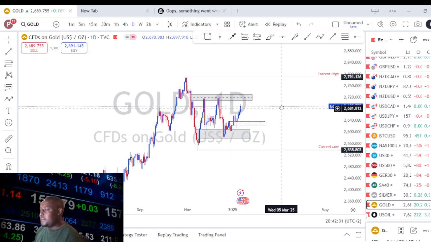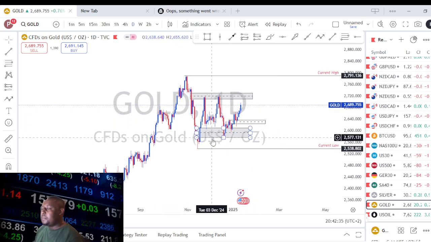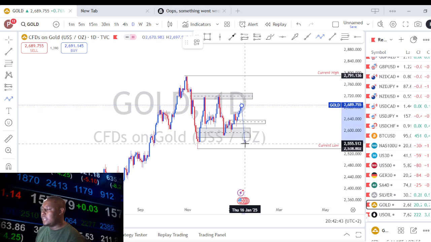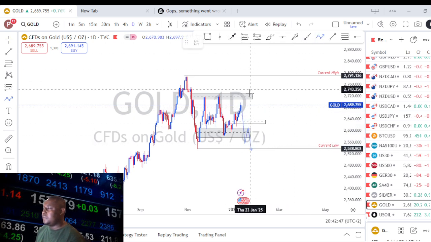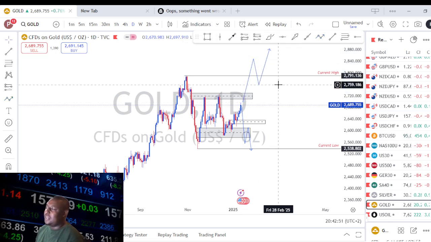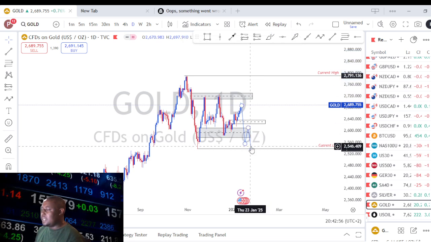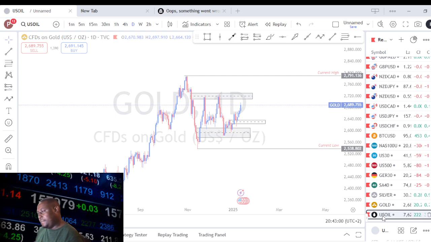However, for gold, I don't like anything here. We are just in this range, and I don't wanna trade this range. So I'm gonna wait for something like that, or something like this. And then this is what I'll be interested in. But other than that, I'm honestly not interested in anything else. I'm just gonna be waiting outside.